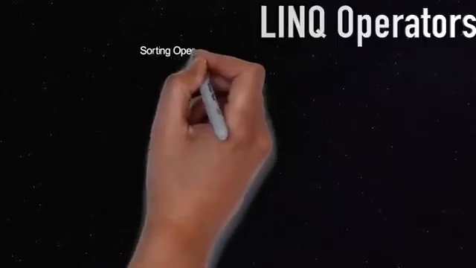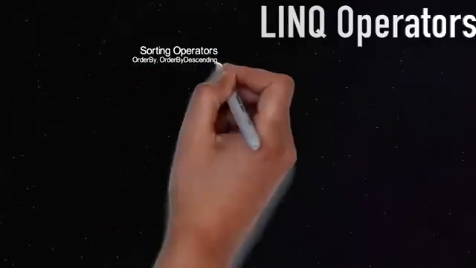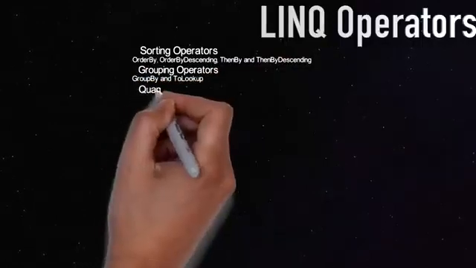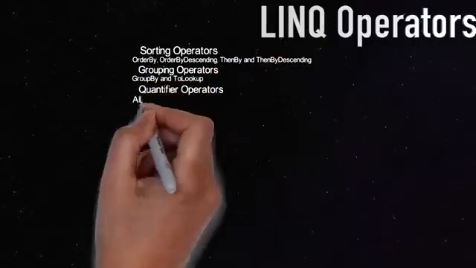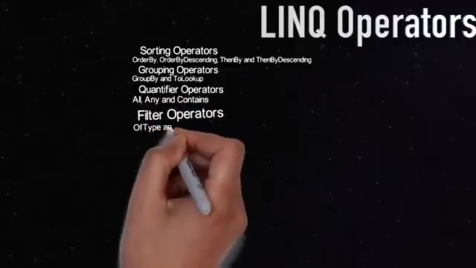So in the previous videos in this series, we have created code examples using the following LINQ operators. The sorting operators, order by descending, and then by descending. The grouping operators, group by and to lookup. The quantifier operators, all, any, and contains. The filter operators, of type and where.